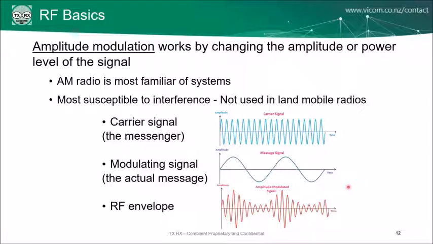Because of this, we tend not to use AM in land mobile radios, or at least not by itself. In this case, though, we've got a carrier signal, we've got a message signal. The combination of the carrier and the message creates this compound wave, and this is what signal is actually being transmitted by your equipment.